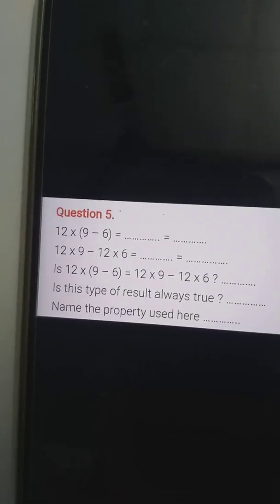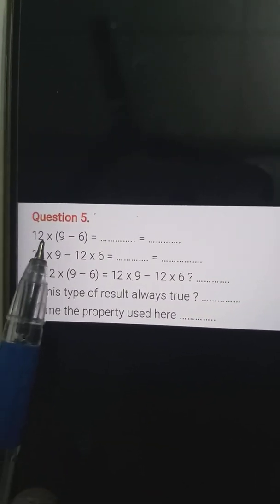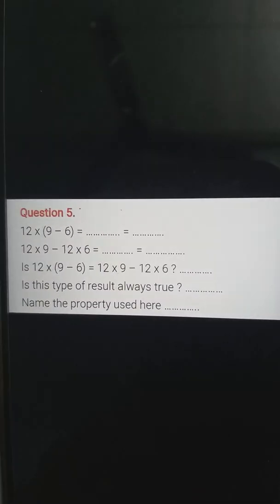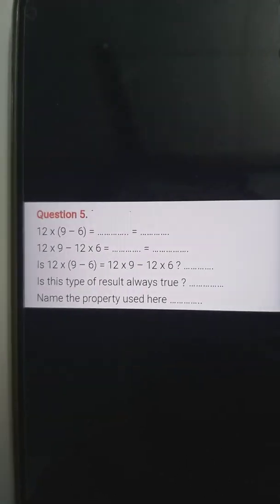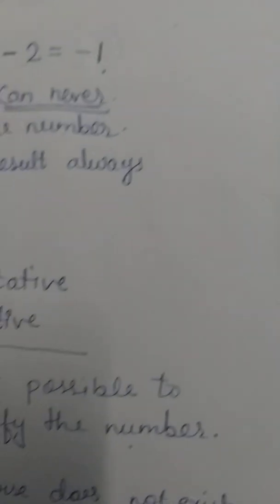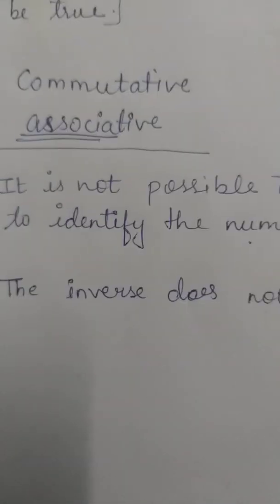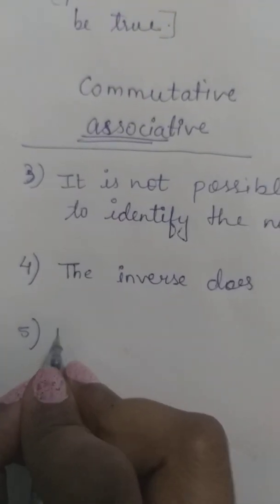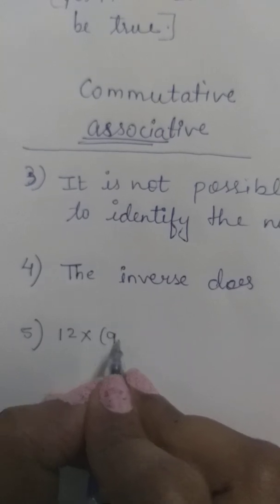Okay. Now the next question, question number 5. See, 12 multiplied by 9 minus 6 is equal to. In this first bracket, I'll be helping you by writing the answer. First, 12 multiplied by 9 minus 6.